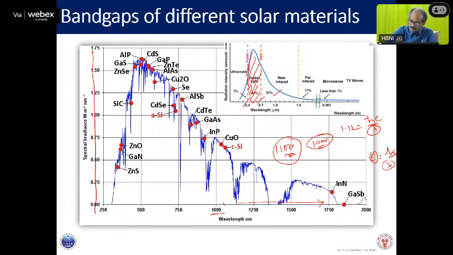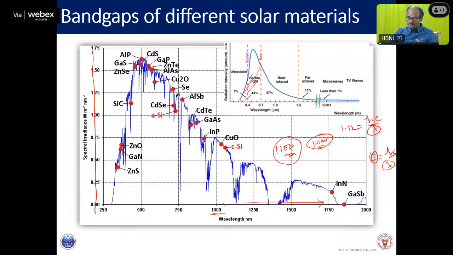If my solar cell is not absorbing anything above visible light, then the maximum absorption possible on the solar cell is 44 plus 7, that is 51%. So the remaining 49% is leaking out.